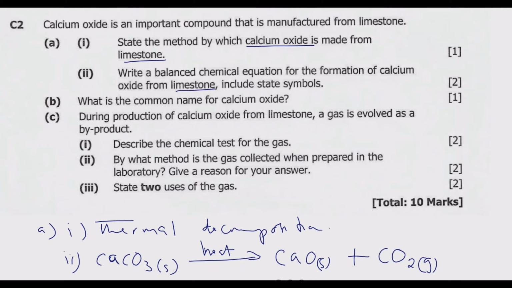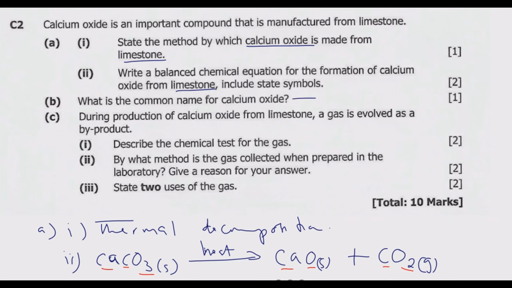Now we need to balance this equation. We have one calcium balanced, one carbon balanced, and 3 oxygen, which is 2 plus 1. So this equation is self-balanced.